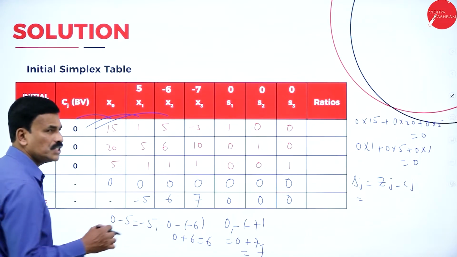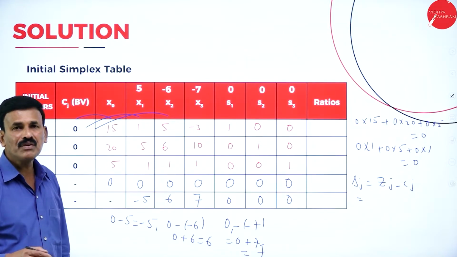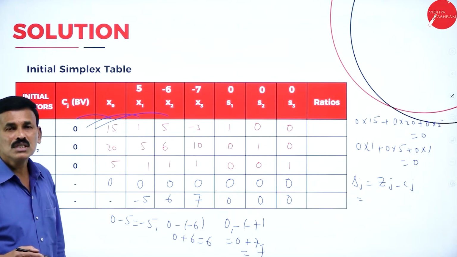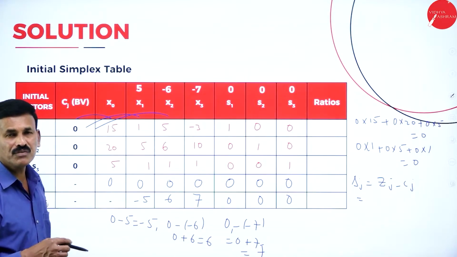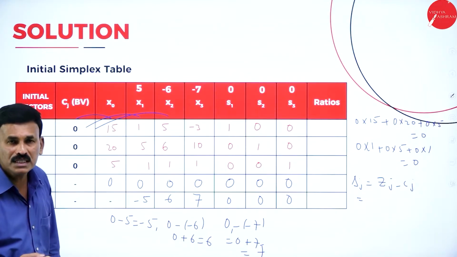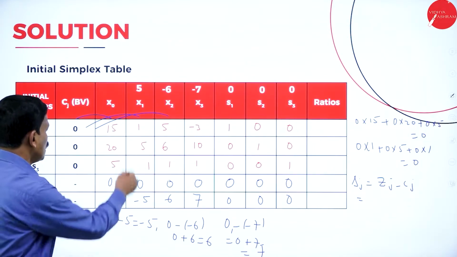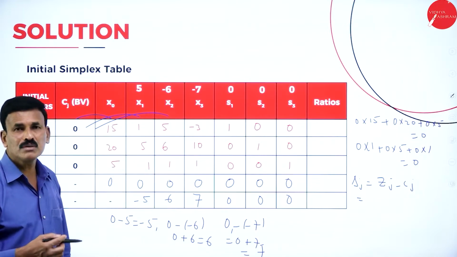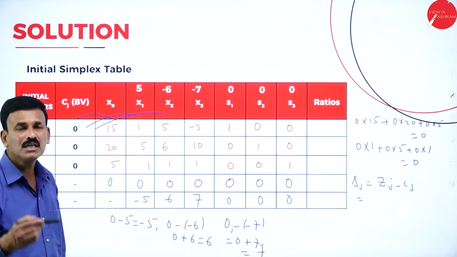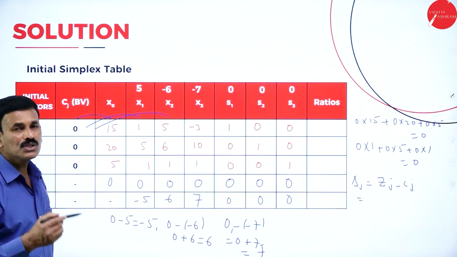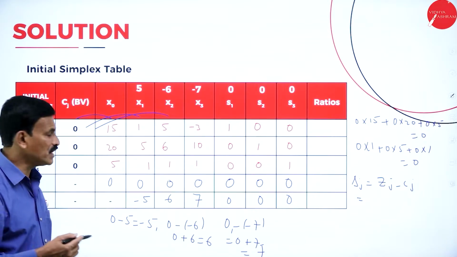Now here in the delta j row, in the last row, identify the least negative value. The least negative value here is minus 5. So this is called our incoming column. In delta j, identify the least negative element and represent that particular column as the incoming column.